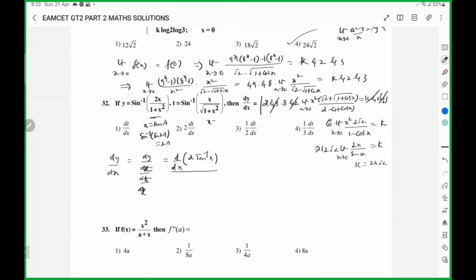Here, if you put x as tan a, then 2 tan a by 1 plus tan square a is sine 2a, and sine inverse sine 2a is 2a. a is nothing but tan inverse x. So what we get is 2. That means dy by dx is 2.